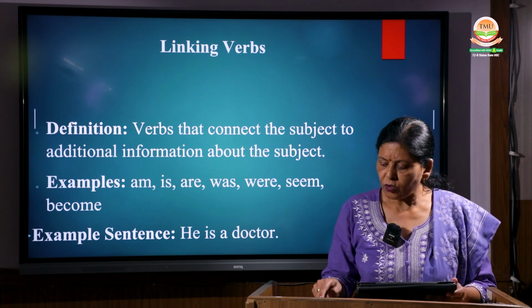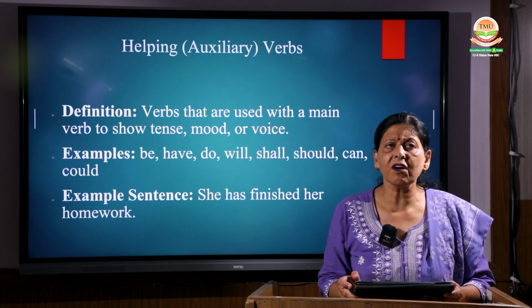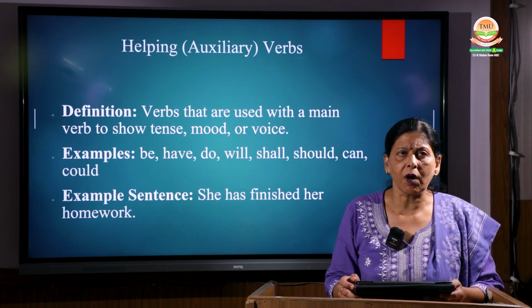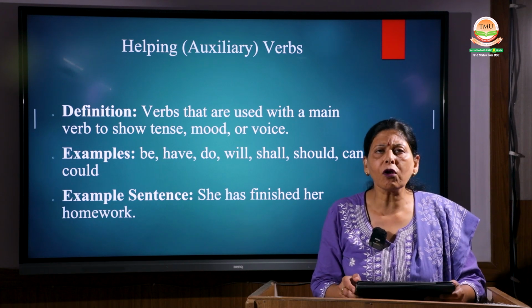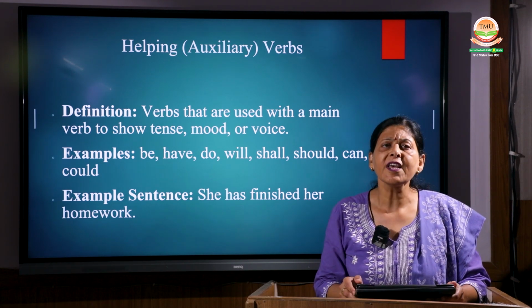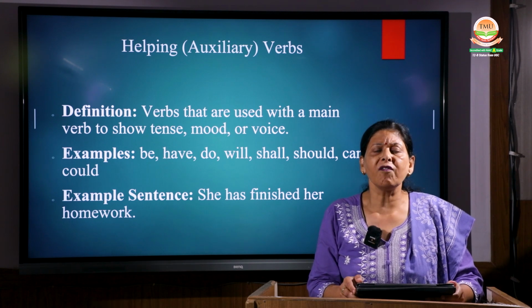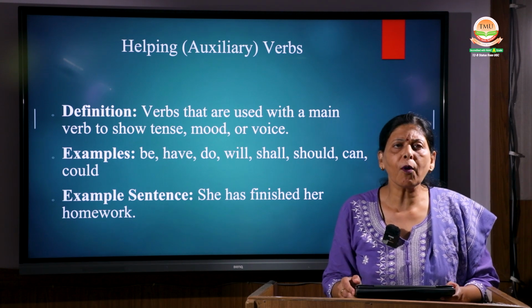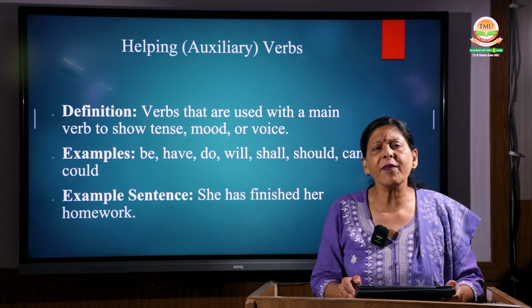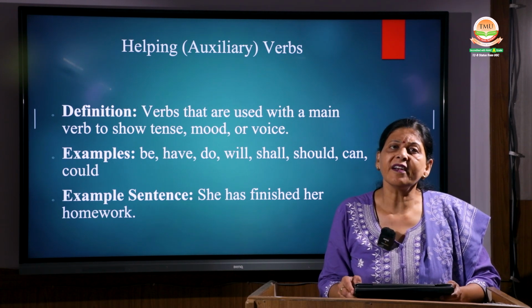Now the third most important type of verbs is auxiliary verbs, or more commonly known as the helping verbs. Without these verbs, it is not possible for us to complete a sentence or make proper sense of the sentence.